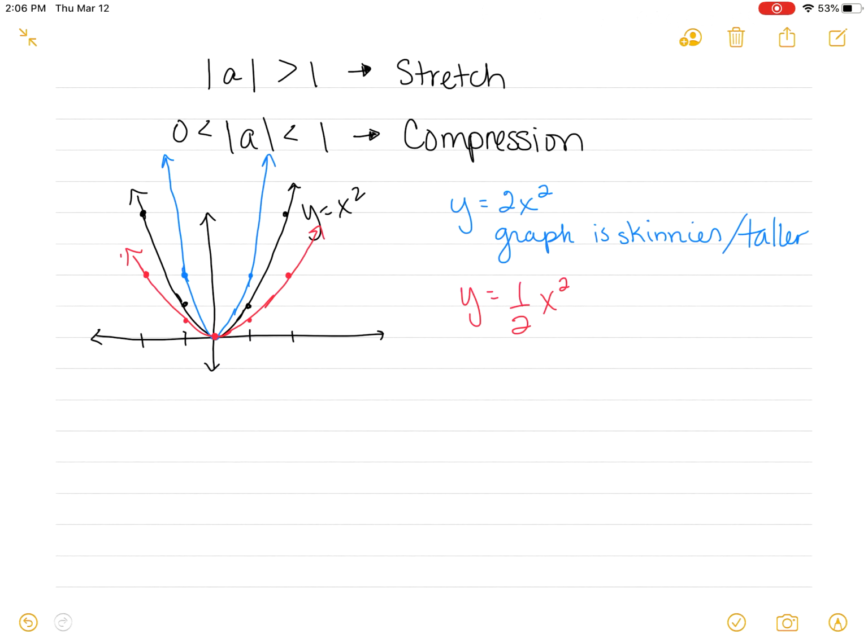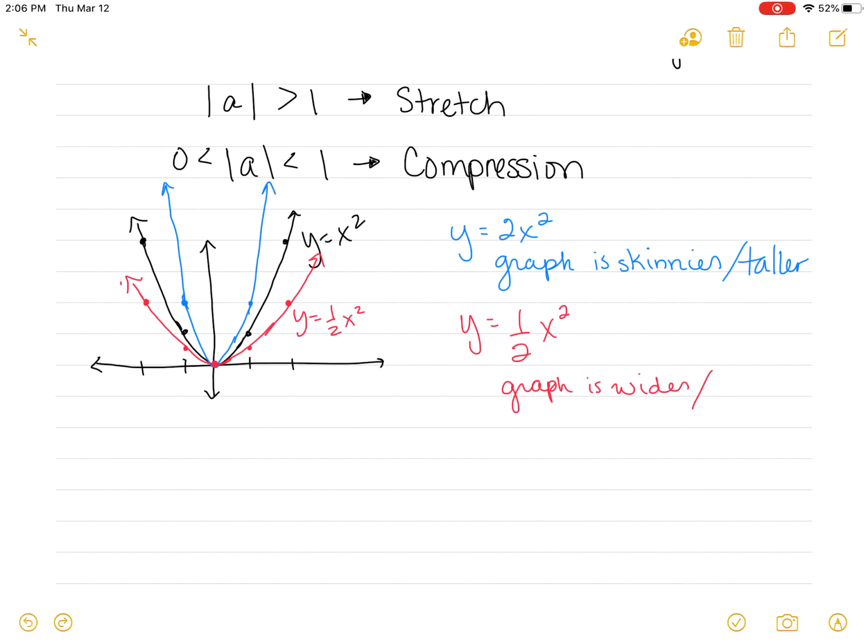If I compare the red graph, which is y equals 1/2 x squared, to the black one, which is the original parent function, notice it's wider. So the graph is wider. And maybe even shorter or fatter. We'll call it shorter. Except that that does not look like shorter. Okay. All right, and so that's how the graphs differ.